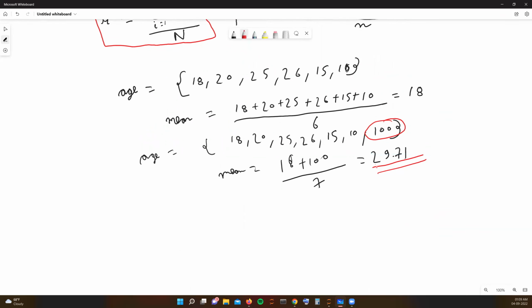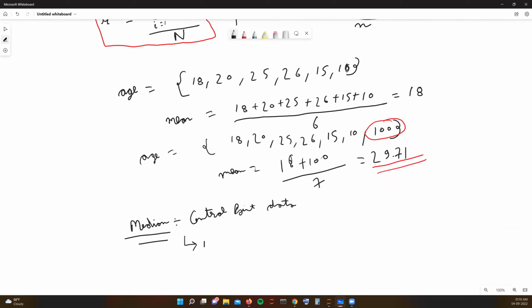So for dealing with these types of outliers, the median comes into the picture. Median is nothing but the central point present in the data. How to calculate the median of this particular data, we will see with this example.